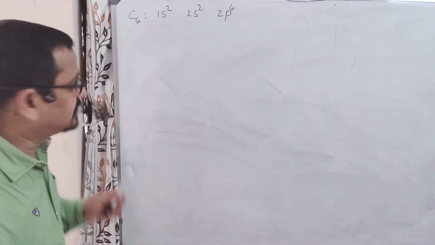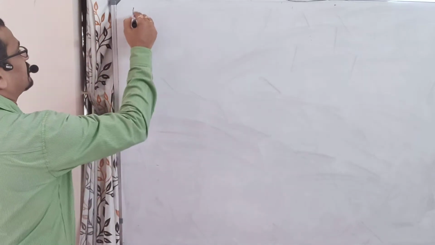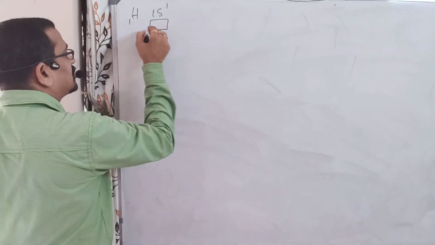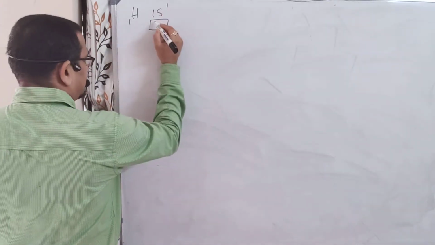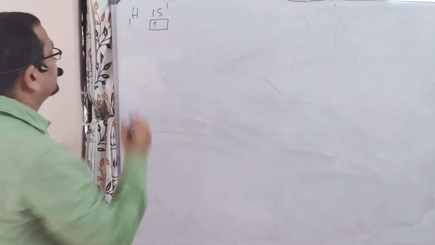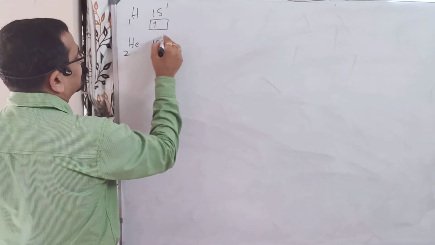Now let us start with hydrogen once again. If you take hydrogen's electronic configuration, 1s1, each orbital can be represented with a box here. That one electron is with clockwise spin, conventionally. Helium electronic configuration: electrons are 2, no? So it is 1s2.